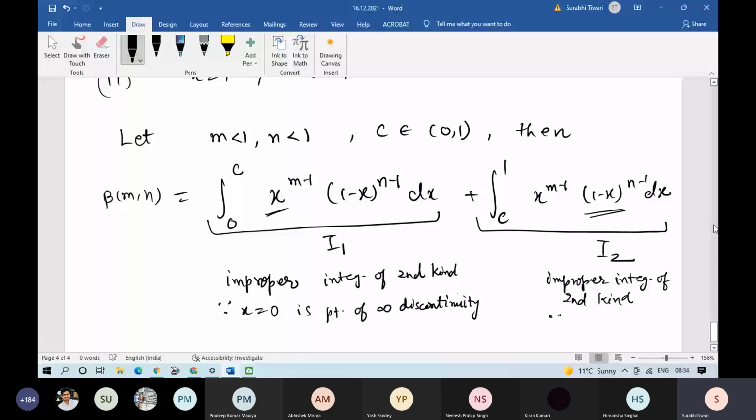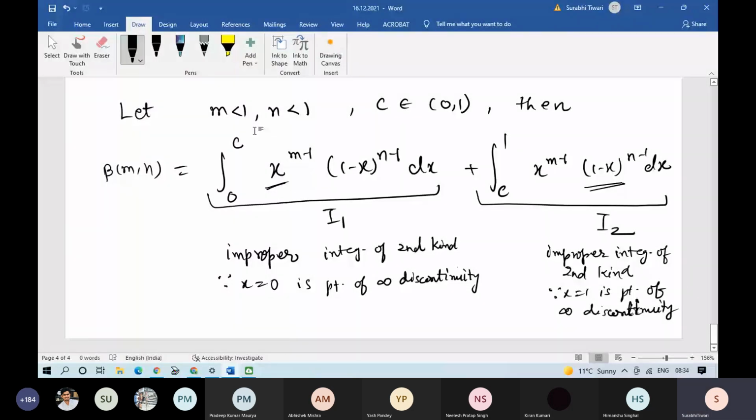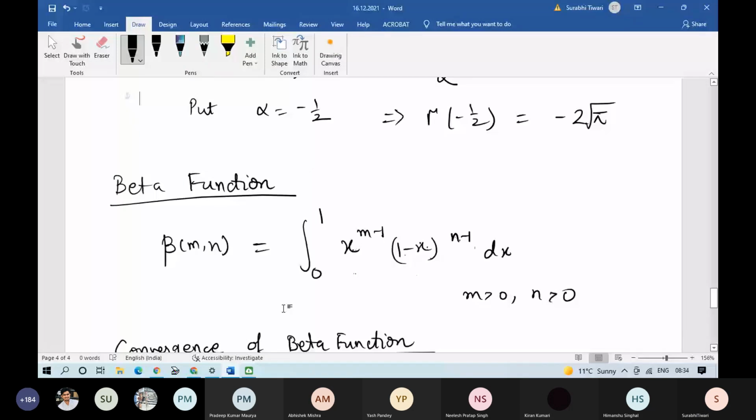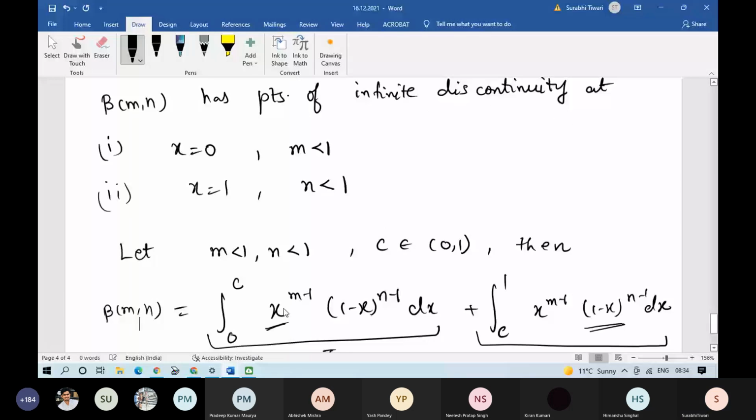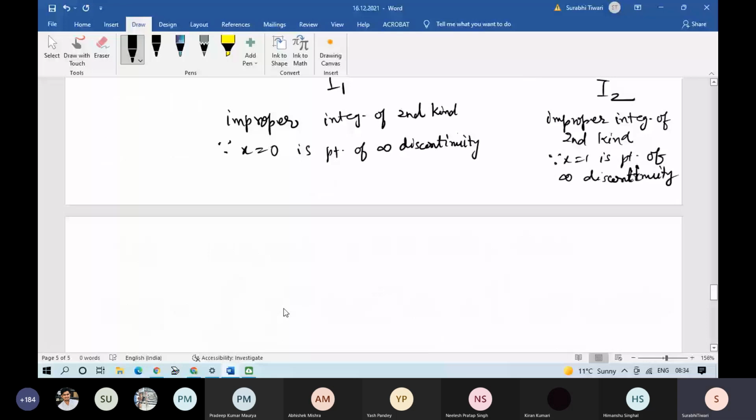Since x equal to 1 is a point of infinite discontinuity. So again we will discuss the convergence for I1 and I2 separately. Okay.